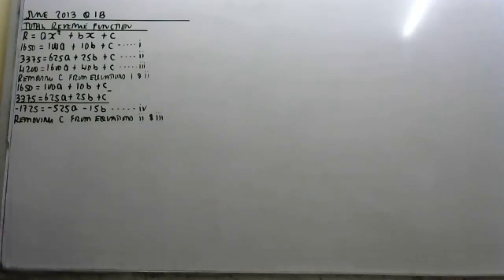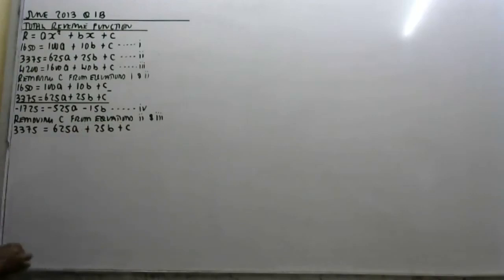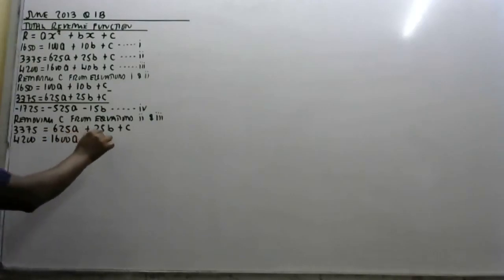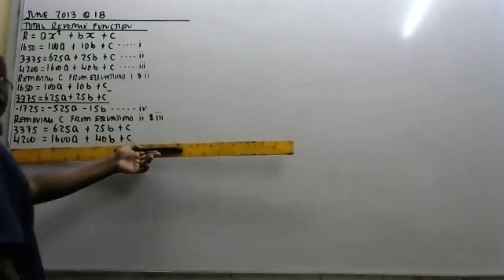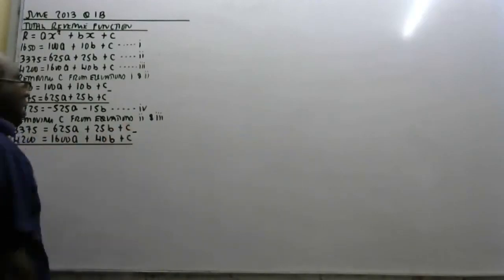From equations 2 and 3, you take that 375 be equal to 625A plus 25B plus C. Then 4200 is equal to 1600A plus 40B plus C. So this one, you say minus.